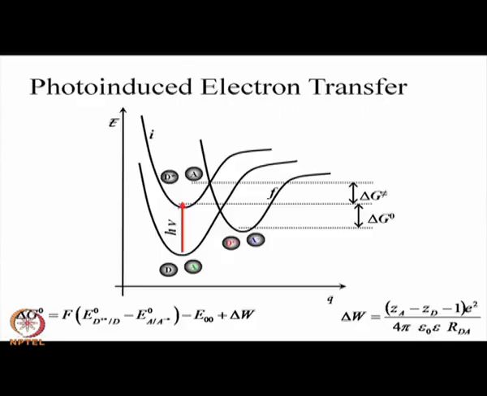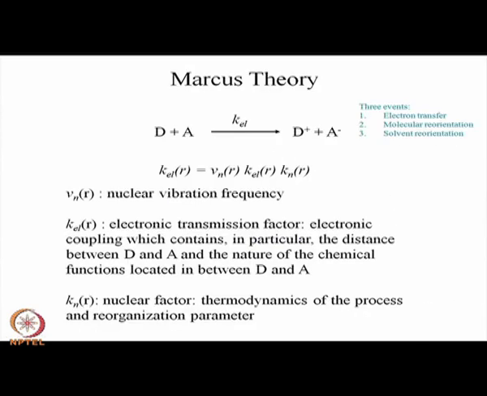Now, Marcus theory has events like electron transfer, then molecular reorientation, then solvent reorientation. These are the factors that always come. So, D plus A giving rise to D plus A minus with rate constant KEL, the electron transfer rate constant. KEL has 3 terms.